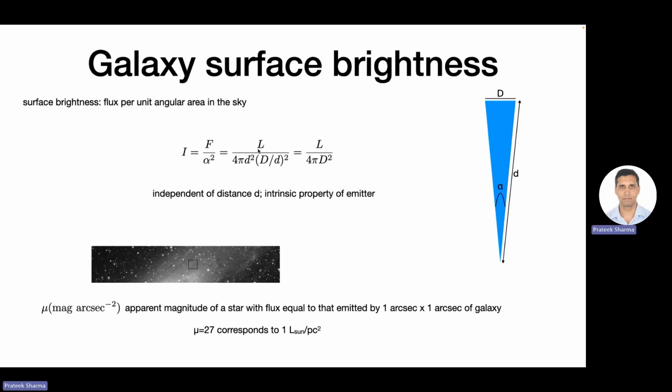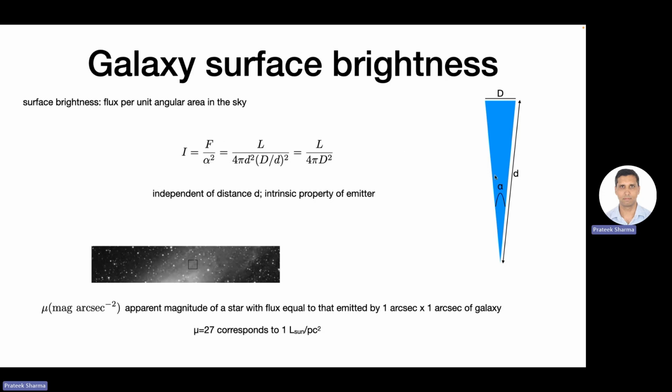Flux is nothing but L divided by 4 pi d squared, where d is the distance to this object. Flux is energy received by, say, some telescope on Earth, per unit time, per unit area of that telescope. If you take a bigger telescope, you'll receive more energy, but when you divide by the area of your detector, it's the flux. So this is L by 4 pi d squared, that's F.